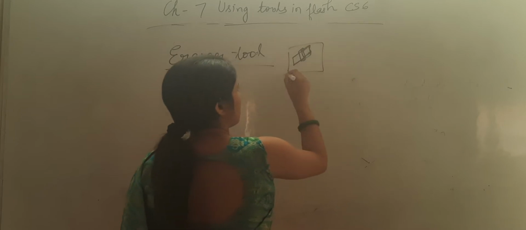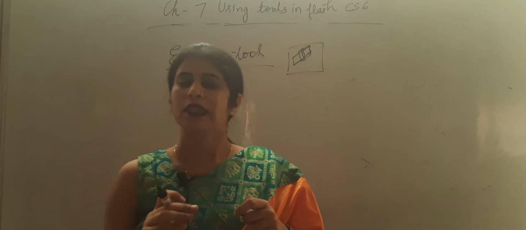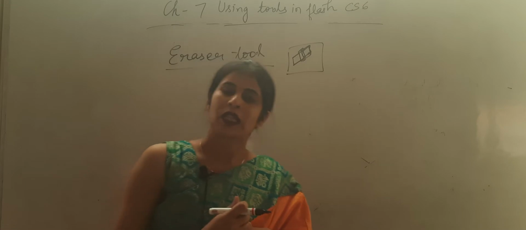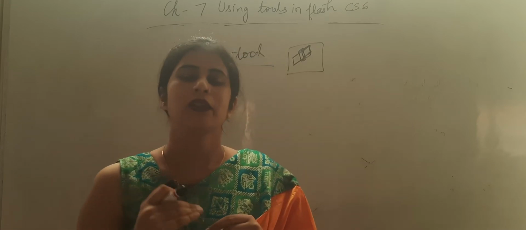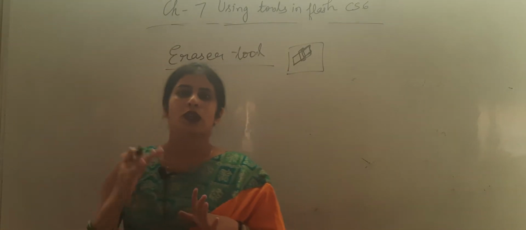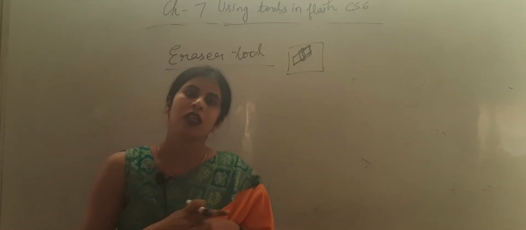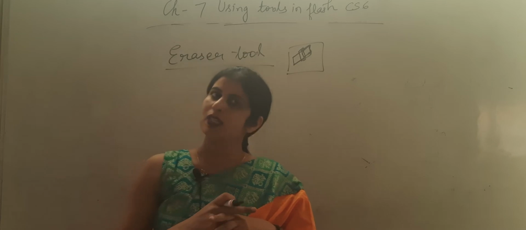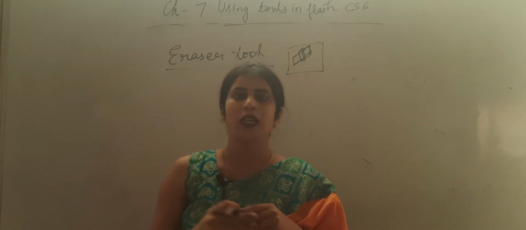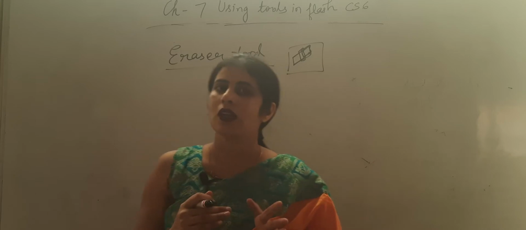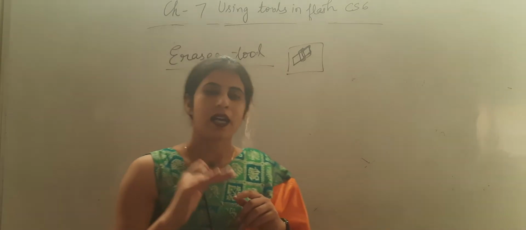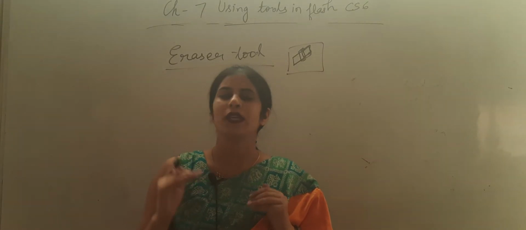The symbol of eraser tool is like an eraser, and the work is also the same. We know the use of an eraser: an eraser is used to erase parts of an image or the complete image according to the requirement. Here also we use this eraser tool to erase parts of an image or the complete image.